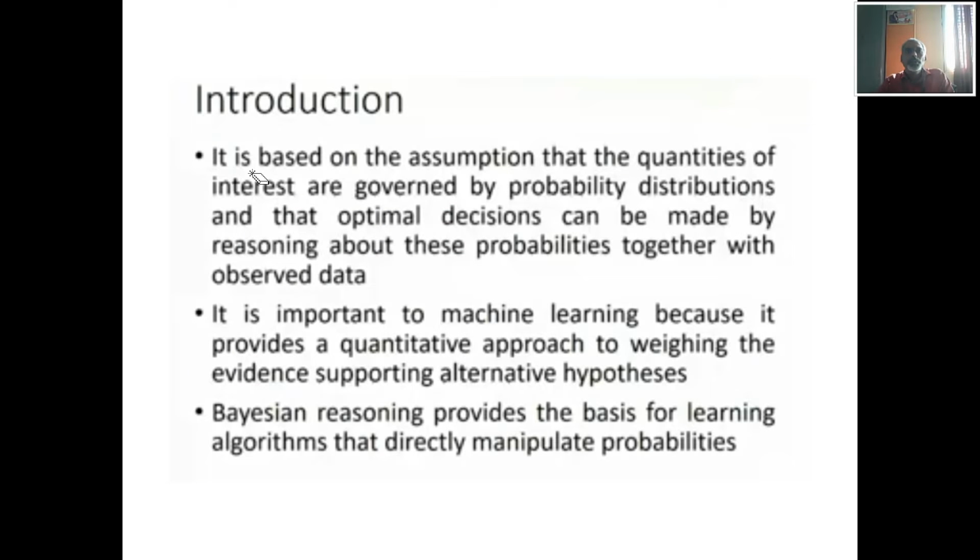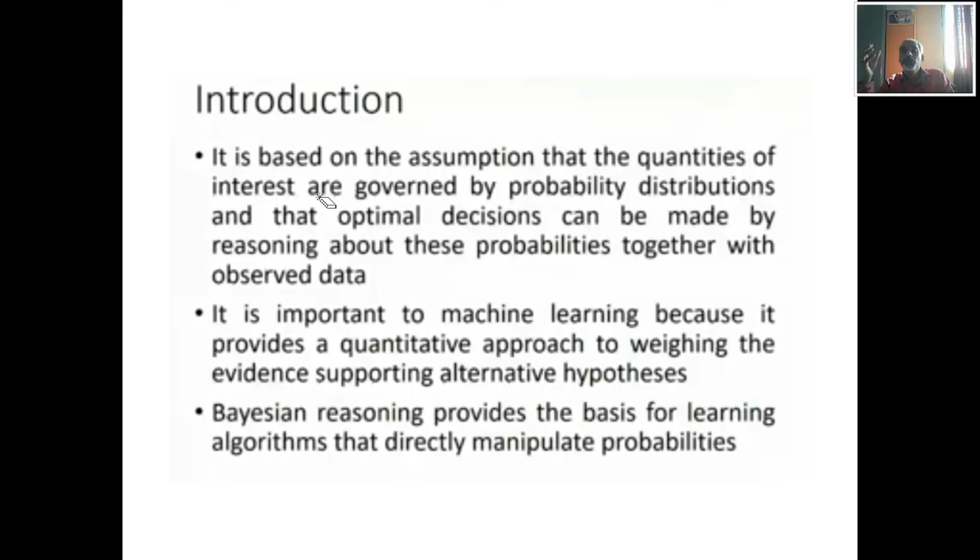If you look into the introduction, it is based on the assumption that the quantity of our interest, whatever examples we are going to take, is governed by a probability distribution. You will have a probability distribution of all your samples. We are going to associate some numerical values, so then only can we say that the probability of this hypothesis is this much, the probability of that hypothesis is that much, right?